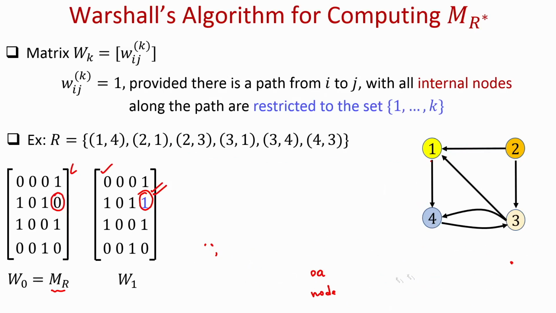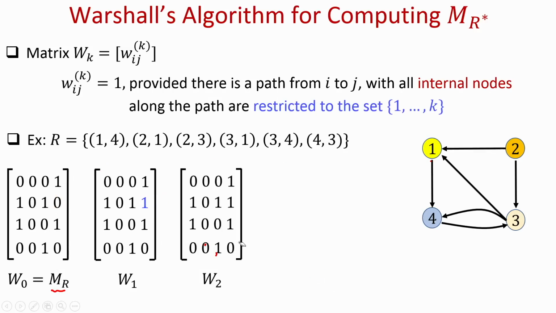Now, let us see whether I will get any update in matrix W2. In W2 I am allowing you to include node 1 and node 2 as intermediate nodes between any i and any j.